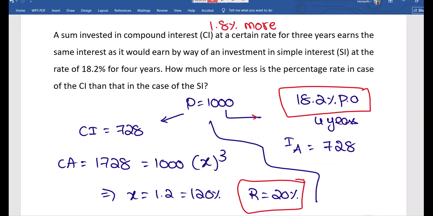So check, any doubt in this question, please. This is 1,728, 12 cube divided by 10 cube equal to x cube. 12 by 10, which is 1.2 whole cube equal to x cube. That will give x value 1.2.